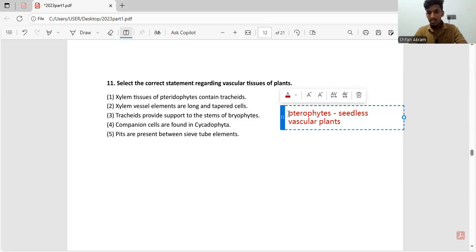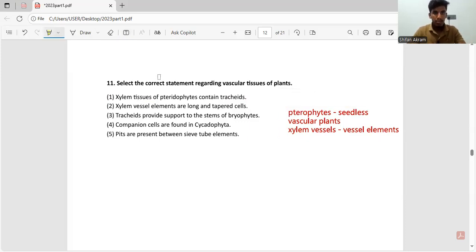Seedless vascular plants have xylem, but they don't have one specific element of the xylem, which is the vessel elements. But they do have the tracheids and the parenchyma cells and the fibers, so the first statement is correct. Always remember, pteridophytes, which are seedless vascular plants, don't have the vessel elements, but they have the tracheids.